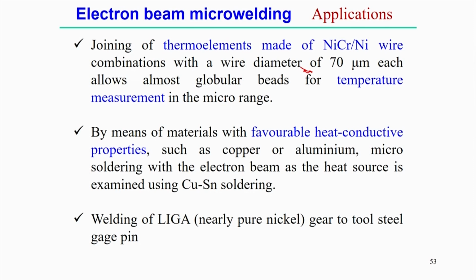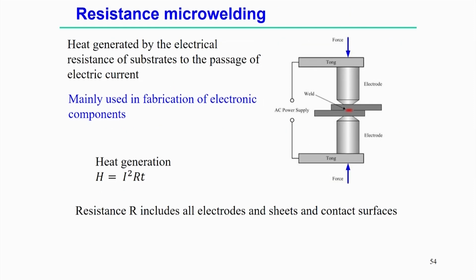Sometimes the micro source of the electron beam can be used for soldering as well, but it is used more for the welding of LIGA. LIGA is a type of material that is almost pure nickel, joining gears to tool steels and gauge pins. In such typical applications, electron beam welding can be used.